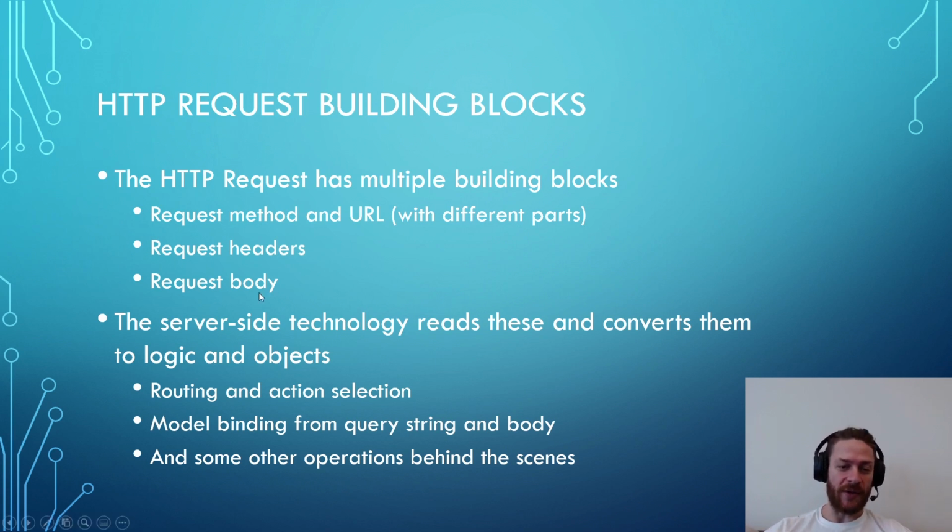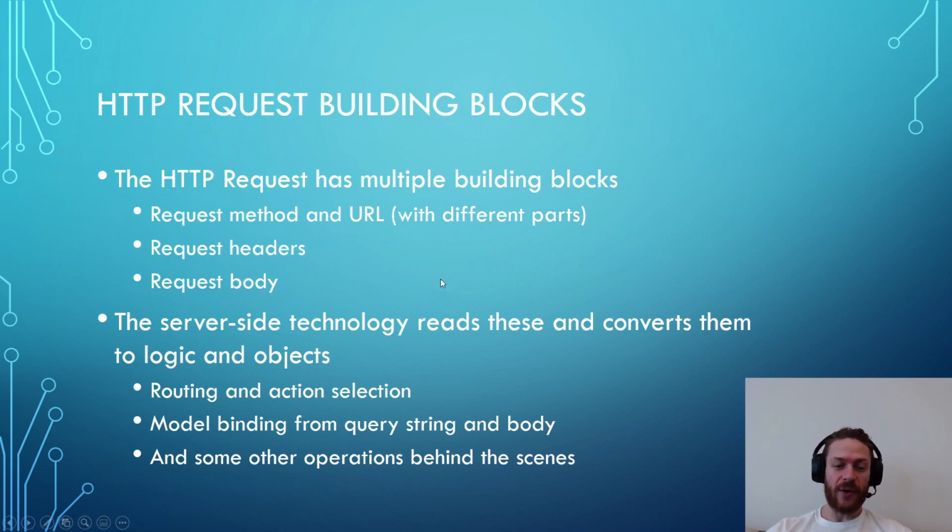Finally, we have the body. The request body basically contains the data that the user sends. So the server-side technology reads these parts and converts them to logic and objects for which we are very familiar with. For example, controllers, actions, and so on.